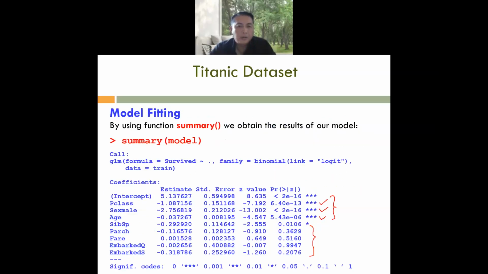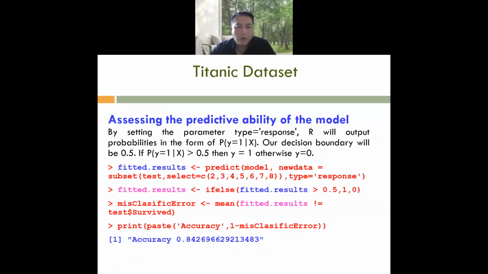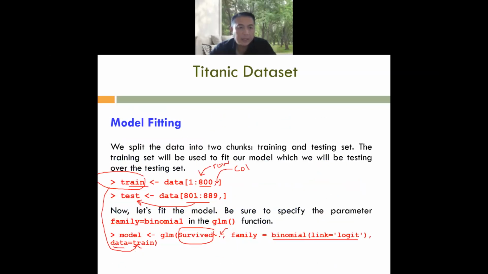Okay, so how do we know the quality of the model that we have? Okay, so what we can do is, now we can use the test data set. So I only select 2, 3, 4, 5, 6, 7 without the charges, because if we look at our test data set here, our test data set comes from data.